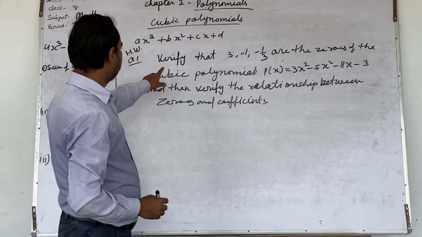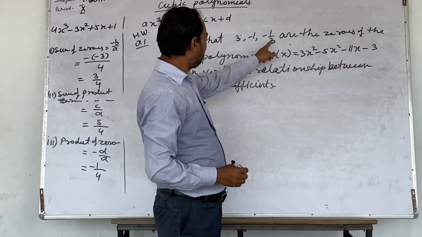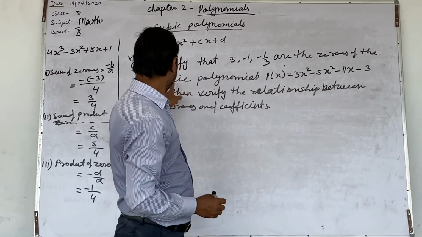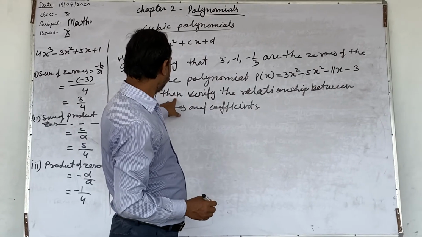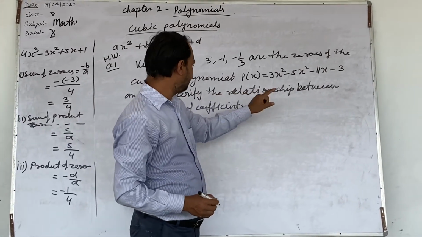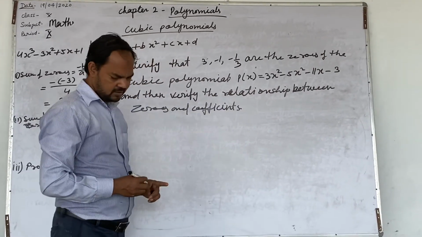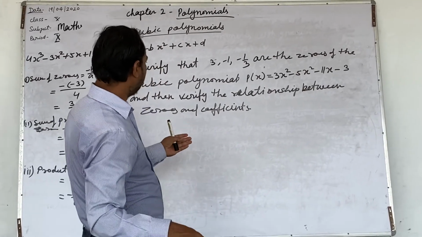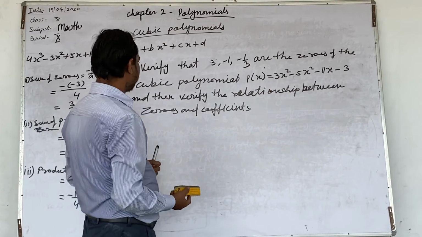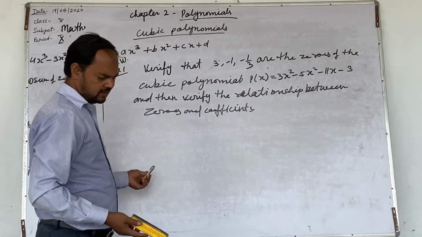This is only one question. Verify that these are the zeros of the cubic polynomial px, and then verify the relationship between zeros and coefficients. Right? Okay, thank you.